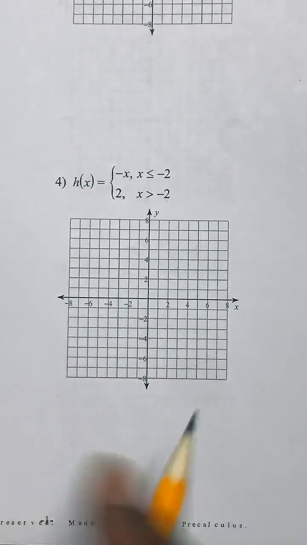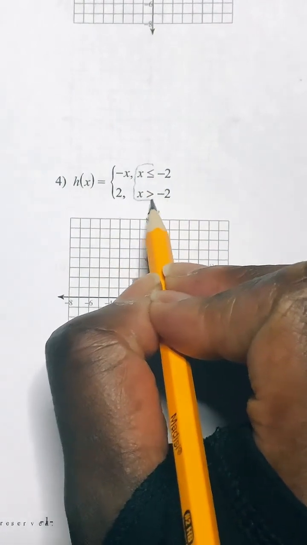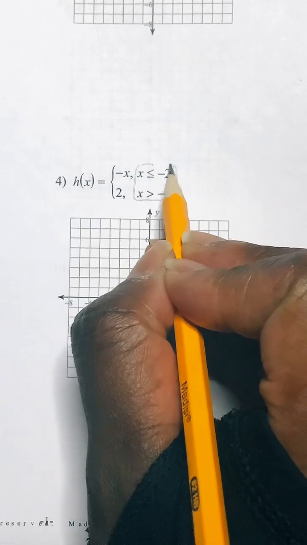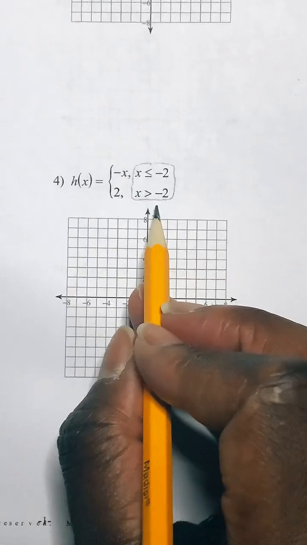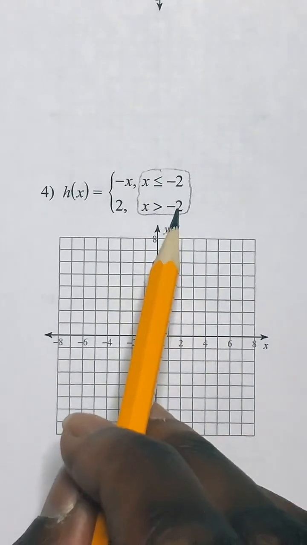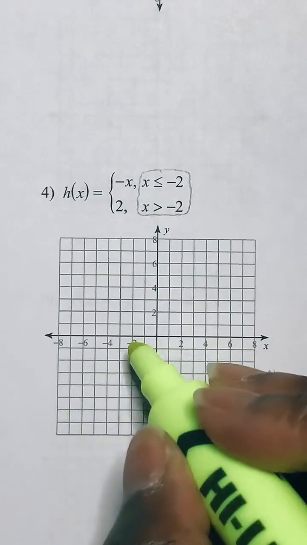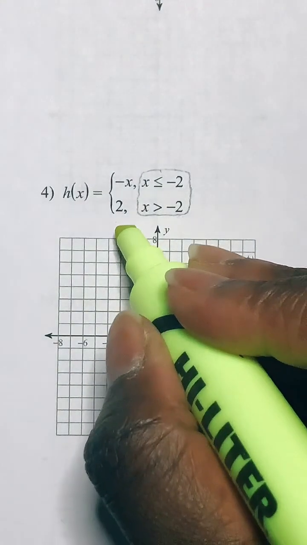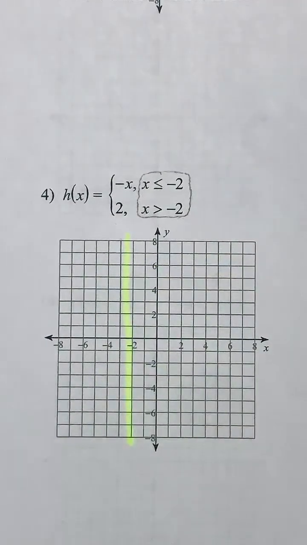So the first part that I need to look at is my inequality. What is happening with these inequalities? Everything is happening around the -2. Let me see if I can zoom in a little bit more. Okay, so everything is happening around the -2. So this is what I like to do. I like to get my highlighter. I want to see when x is -2, and I'm going to draw a boundary line.